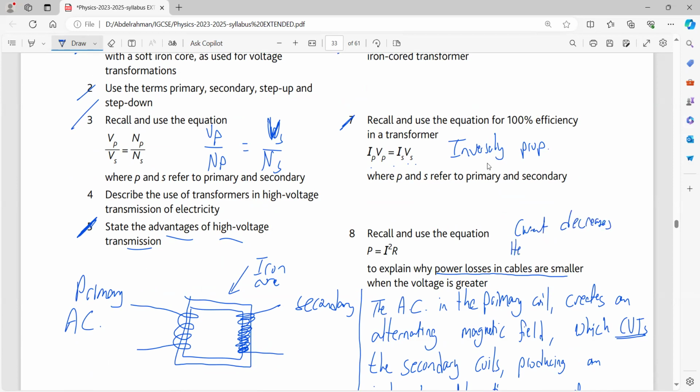So the heating effect also decreases. When the heating effect decreases, the power lost decreases, because P equals I squared R. When you decrease the current, the power lost will decrease a lot.